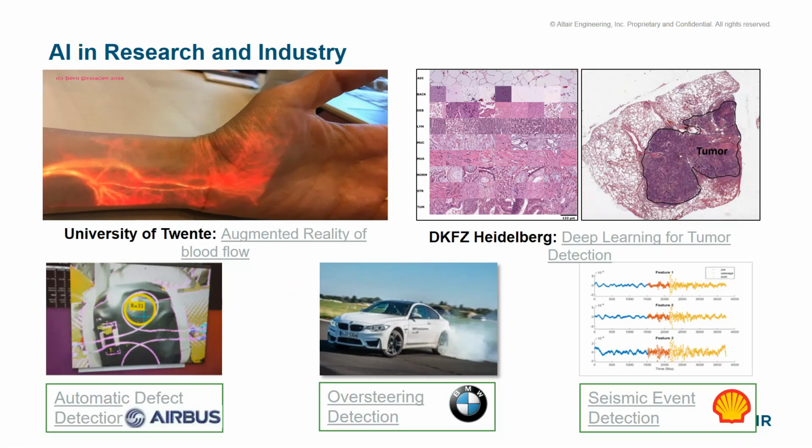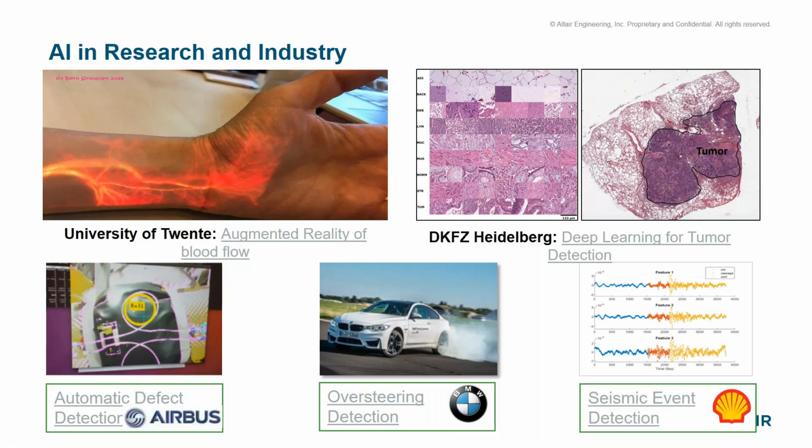And again, if you see this German Cancer Research Center, they have used Heidelberg applied deep learning, which is another form of AI, on medical imaging data to classify the tumor tissues versus normal tissue. They have done this with AI and deep learning techniques. Similarly, Airbus has automatic defect detection deployed, running on embedded GPU.